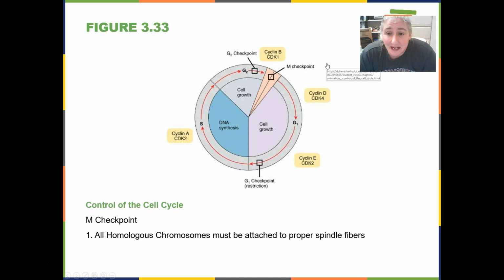If any of these checkpoints does not produce the proper results, so if at this checkpoint we don't have the proteins produced that we're supposed to, or if the DNA is mutated, or if the chromosomes aren't lined up properly, the CDKs and the cyclins are going to signal cell death.